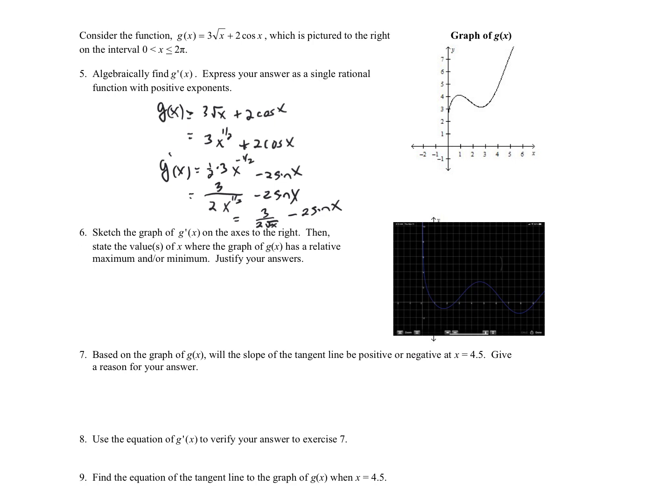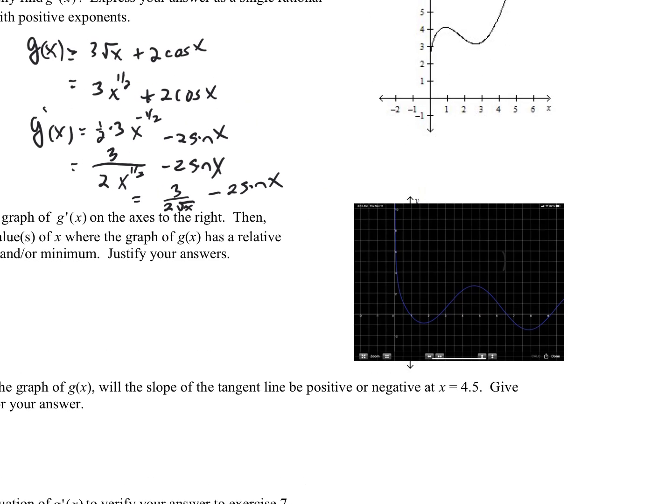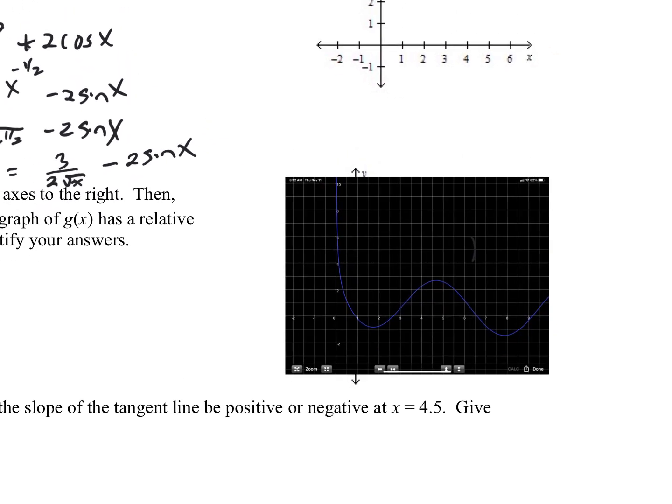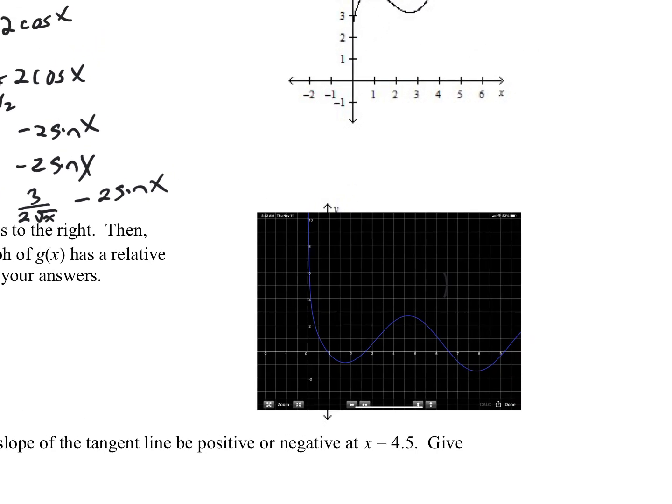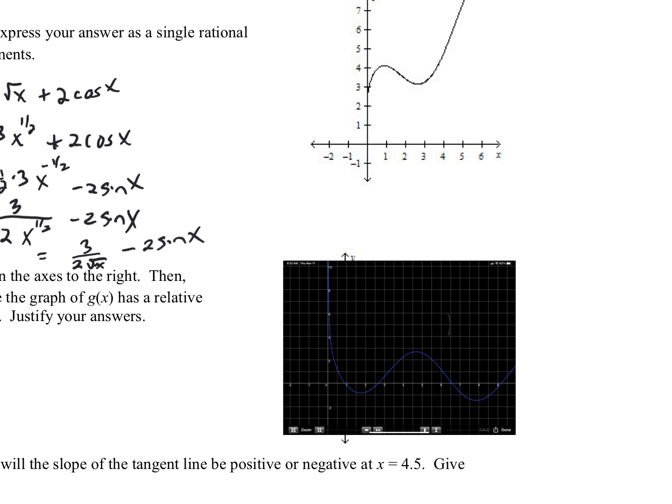Okay, I'm back, and there's my picture. Let me zoom in a little bit to see what's going on here. So if that's my derivative, and I'm comparing that to the function, let's just try to see what's happening here. The function shows a maximum here. That's around a 1.